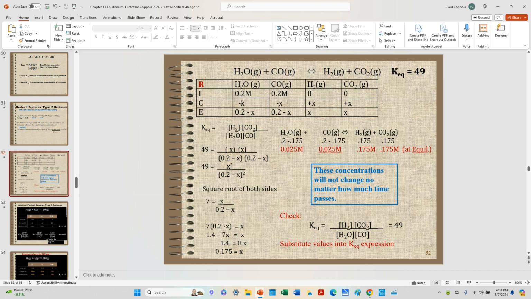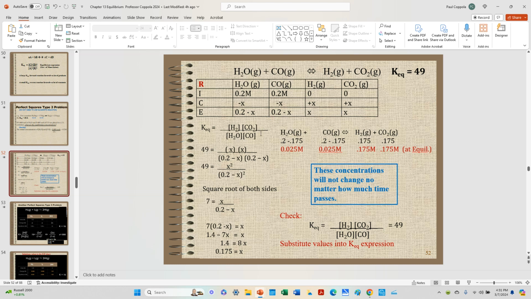And then there's going to be a certain change, X. Some of this H2O will be used up, and the same amount of that will be used up in terms of moles. So we call it X. And since it's a 1 to 1 to 1 ratio, for every X that's used up, you get an X formed for each of these. When you sum them up, you get 0.2 minus X, 0.2 minus X, X, and X.